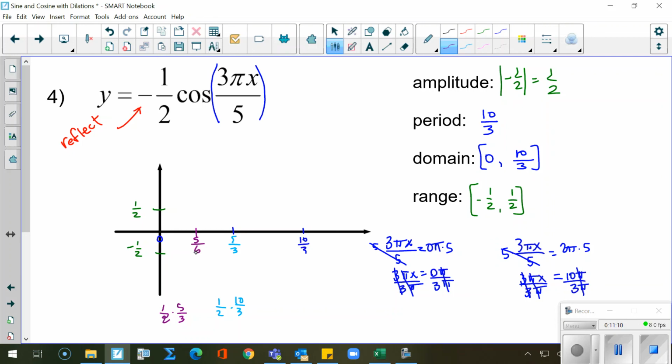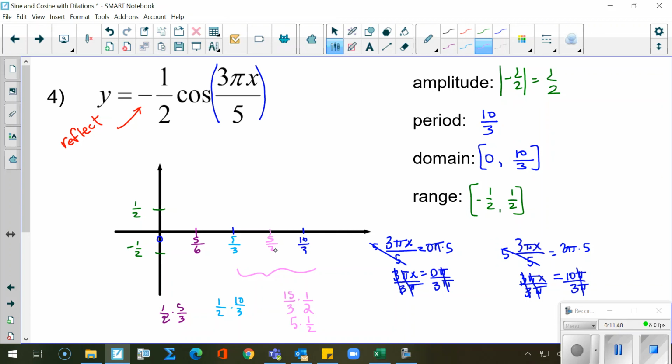And for the last ones, we want to add up and get 15/3. 5/3 plus 10/3 is 15/3. Don't forget to multiply that by 2. And we have lots of simplifying we could do. 15 divided by 3 is 5, and 5 times 1/2 is 5/2. We always want to simplify.